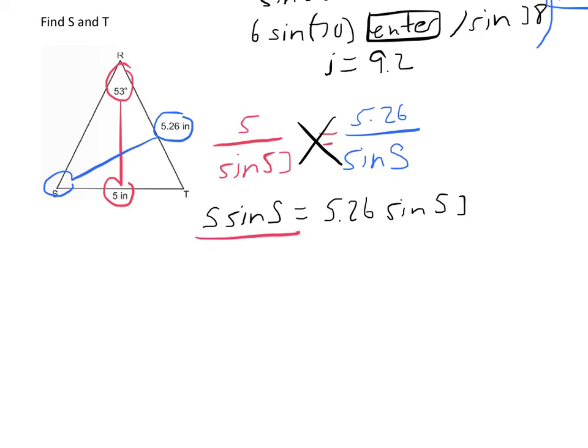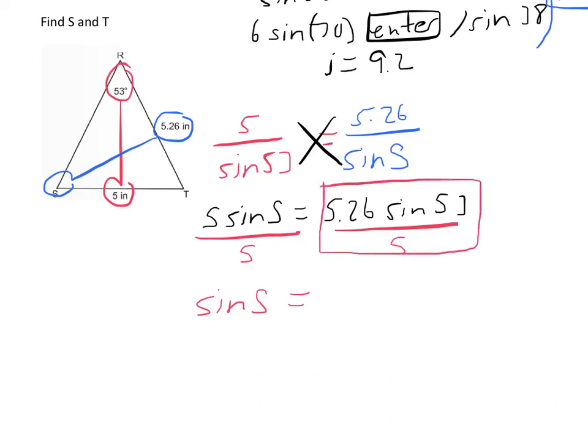We will divide both sides by 5, and sine s will equal whatever this calculation comes out to be. And again, if we calculate that in as 5.26 times sine 53, find out what that answer is, then divide by 5, we should get 0.8402, which takes us back to the type of question where is how do we find an angle given trig?